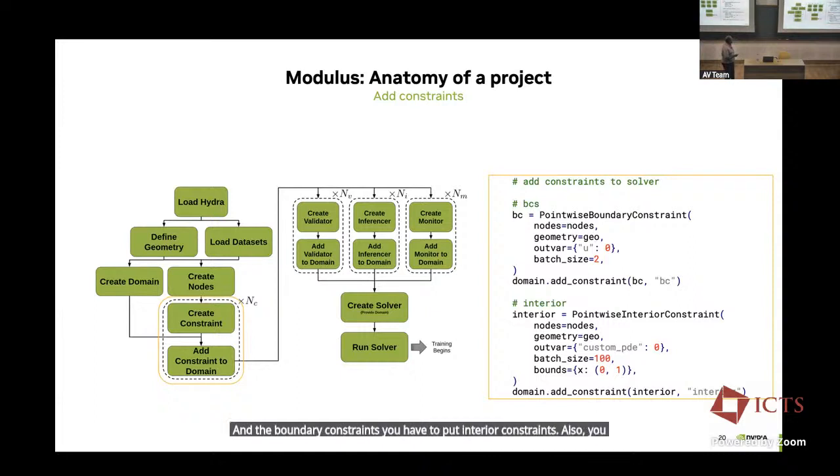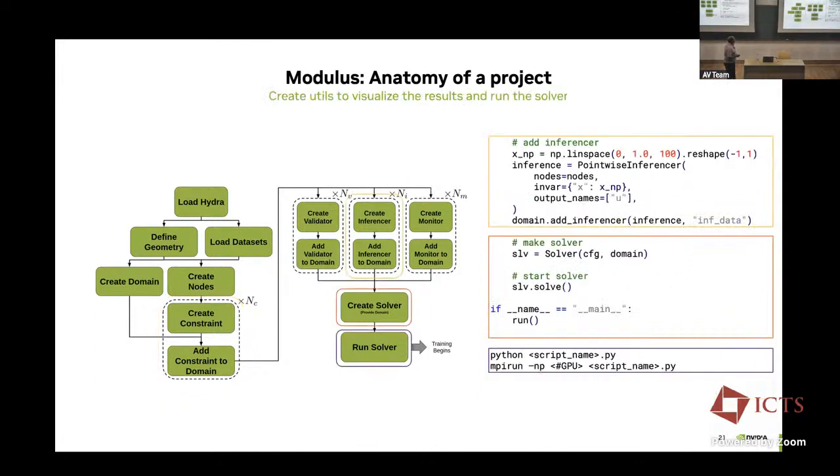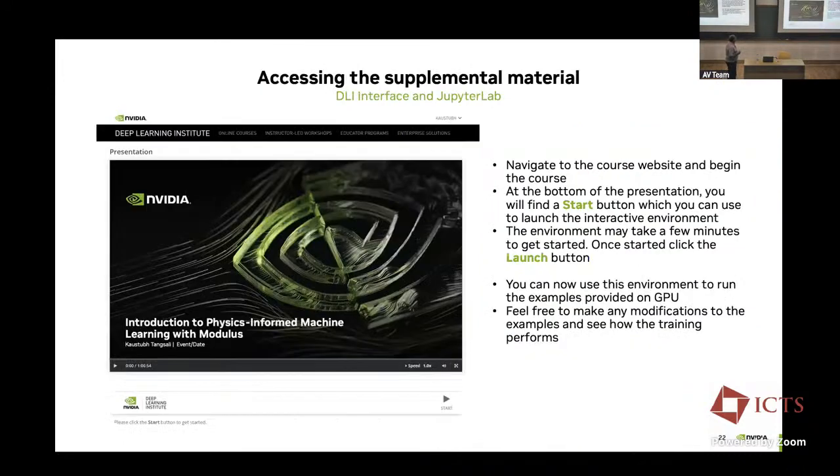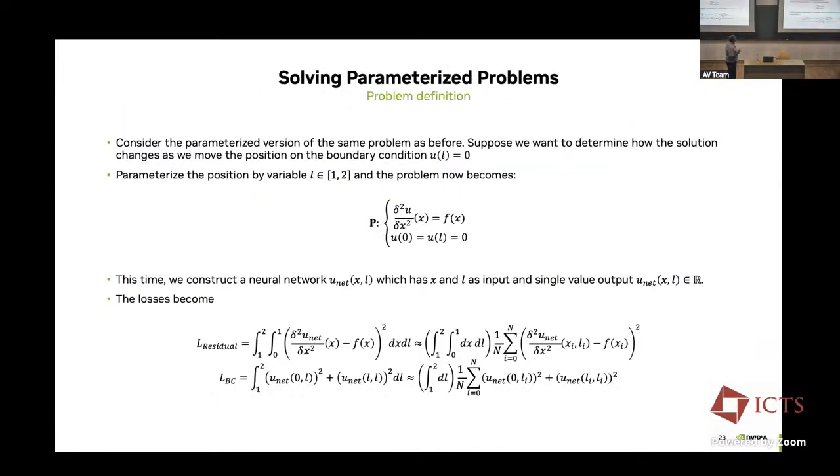The interior constraint is nothing but the PDE. And then you just make a solver and give it to the solution to run the solution and train the network, okay? That is the part where we actually run the Jupyter notebook and do that.